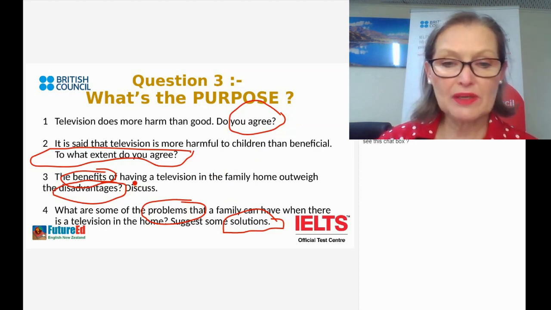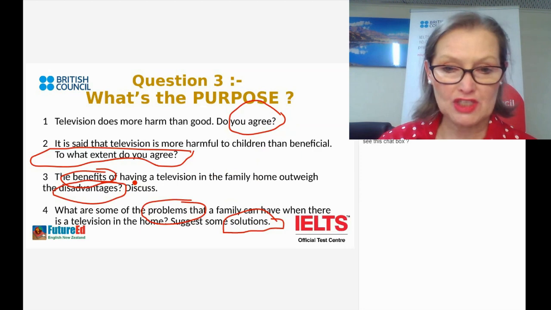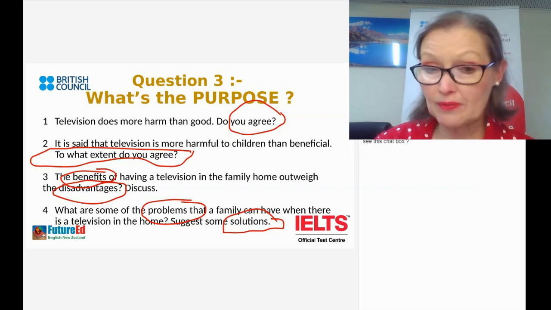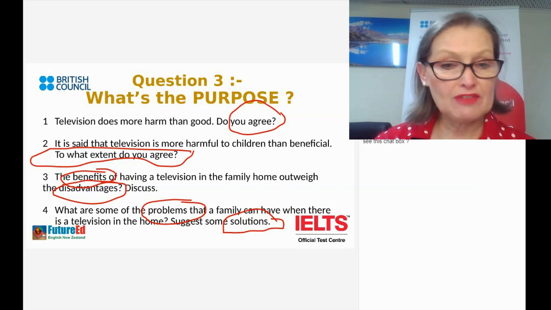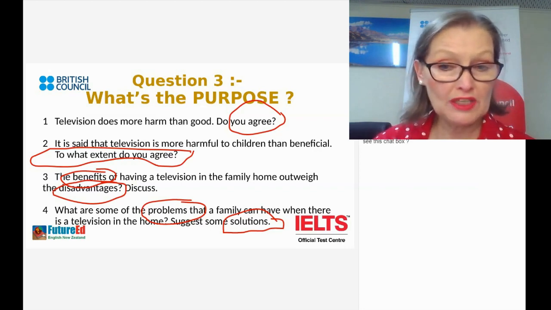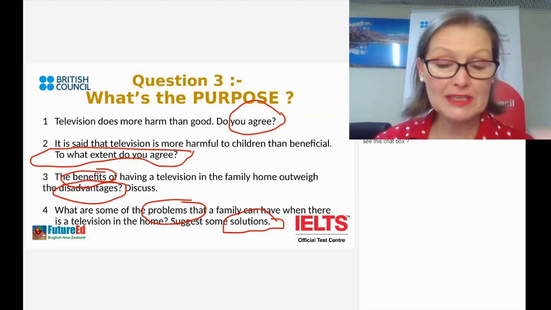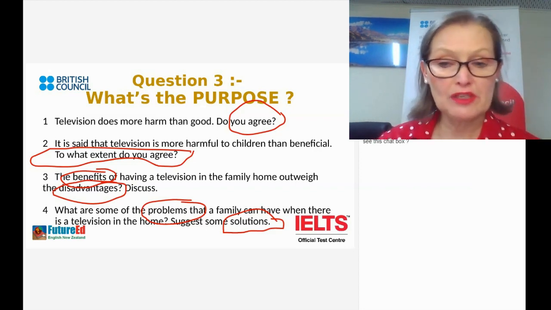So we can see that we can have one topic, television, in each of these 4 essays. Topic number 1 is quite general. We have to talk about the focus of children in task 2, and the focus of family in tasks 3 and 4.